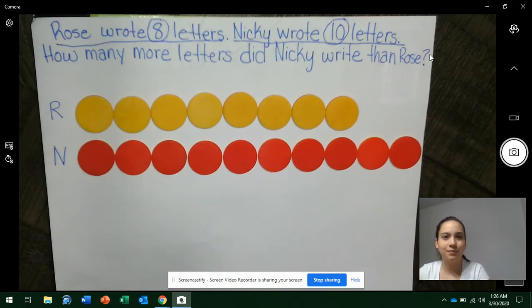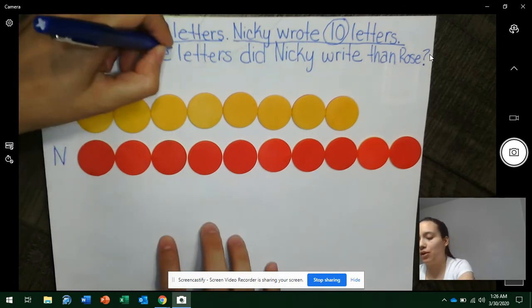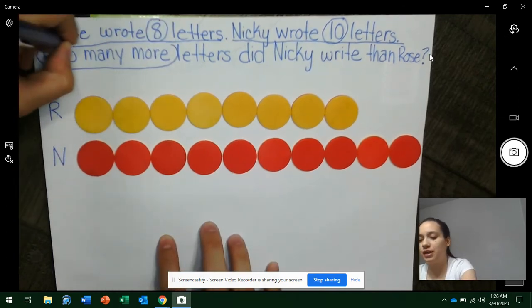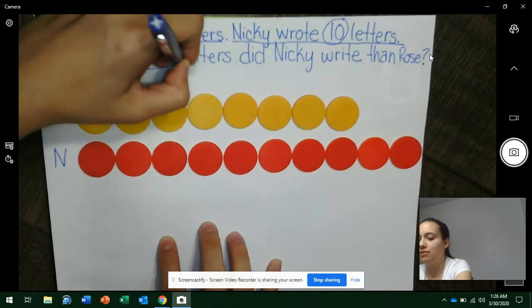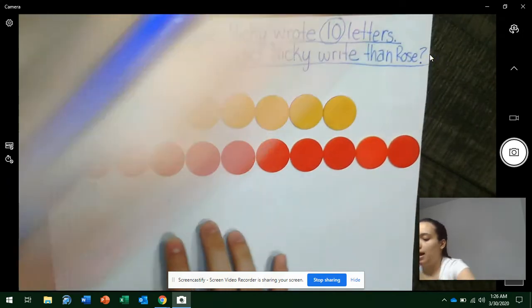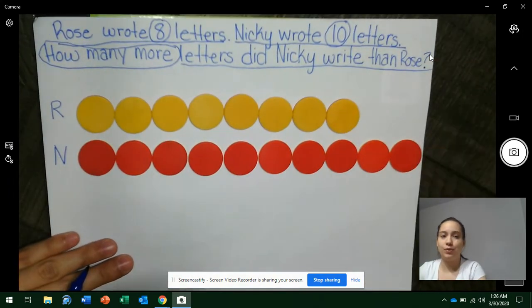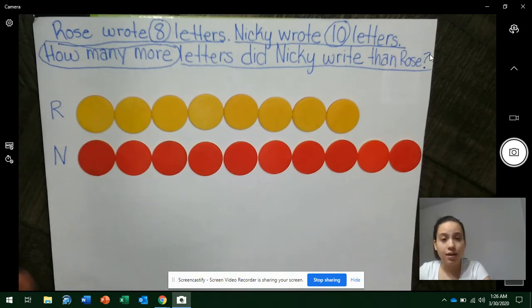Get ready. Yes, how many more? And we remember this from our math terms that I introduced at the beginning of the lesson. Awesome. And remember what Ms. Gomez says, when we compare, we always, get ready, subtract or minus. Very good.